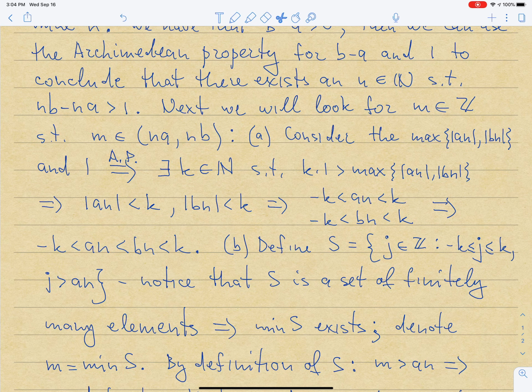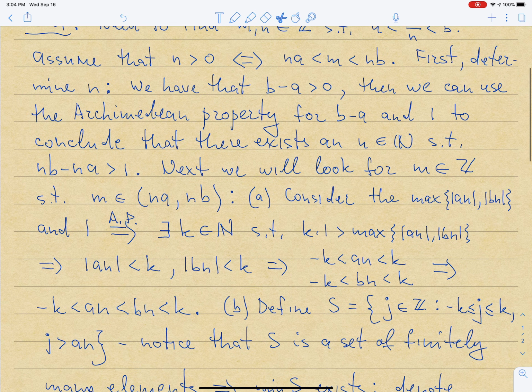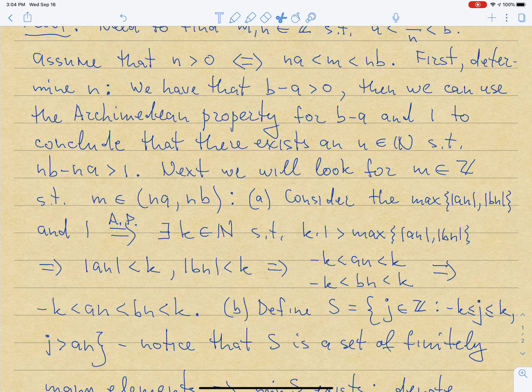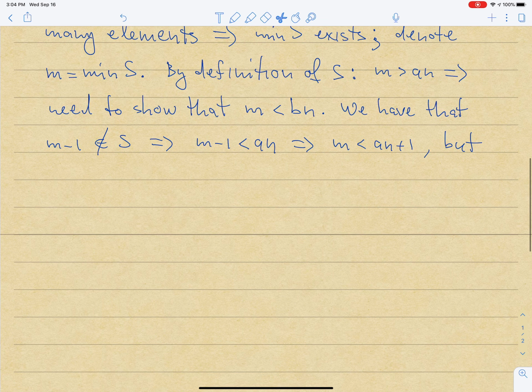I know that, where is it? Here. I know that nb minus na is bigger than 1, right, by our construction. So by adding 1 to both sides, an plus 1 is less than bn.